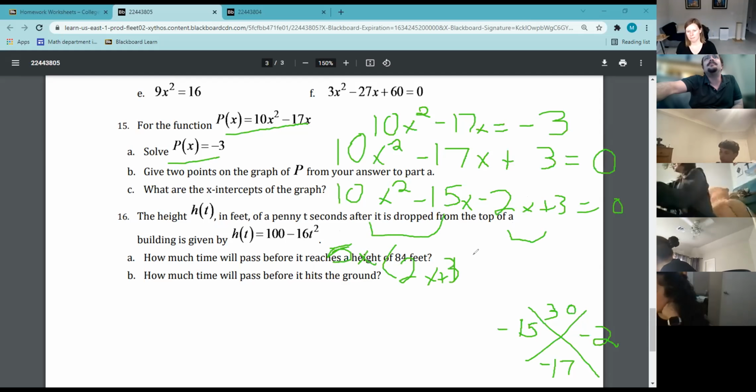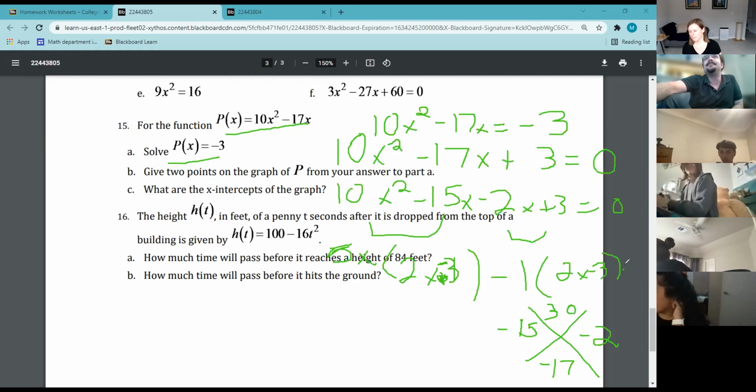Sorry, this should be 2x minus 3. And a minus 1 and a 2x minus 3. So hopefully we get our signs correct. I have a 2x minus 3 as one factor, and a 5x minus 1 as the other factor.